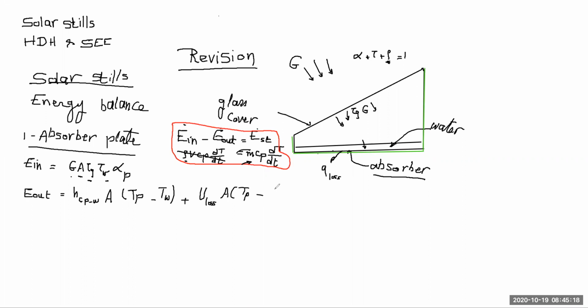Around it, simply, you can put it as T air. So the energy losses: it is losing heat by convection to water, and loses heat through insulation.